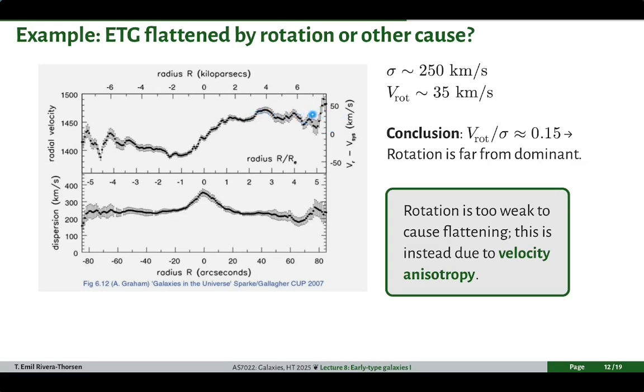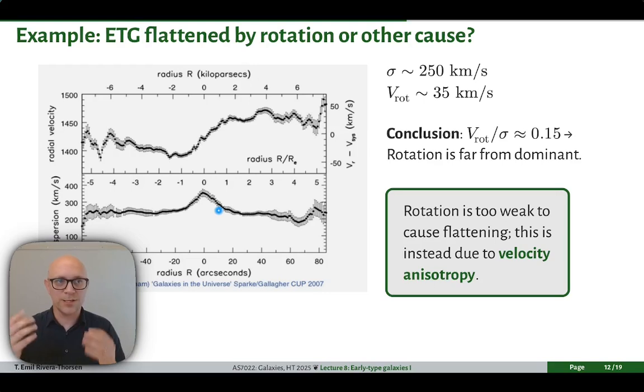So this is definitely not a rotation dominated galaxy. This is definitely a velocity dispersion dominated galaxy. That is, it is dominated by random stellar orbits rather than ordered motion. So again, looking back to our earlier lectures, this is also a very dynamically warm galaxy.